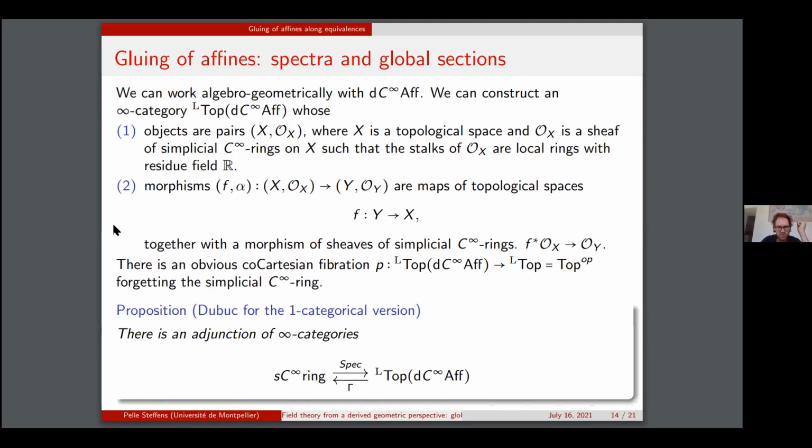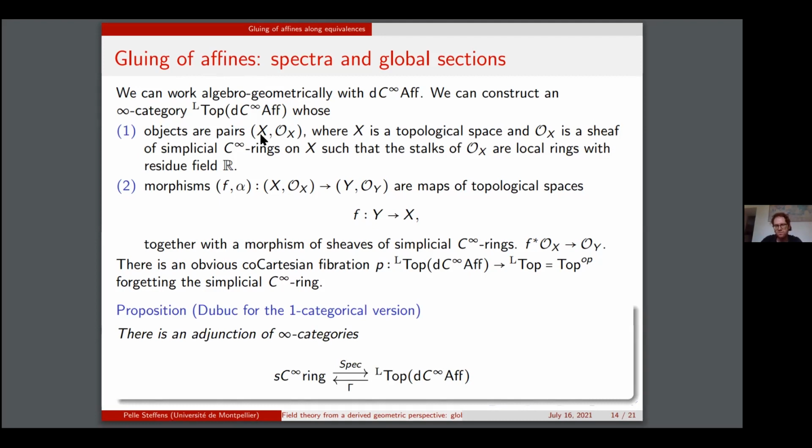Yeah, so before I continue, I might say that there is actually a much more general version of such infinity categories of locally ringed spaces. You needn't start with a topological space.